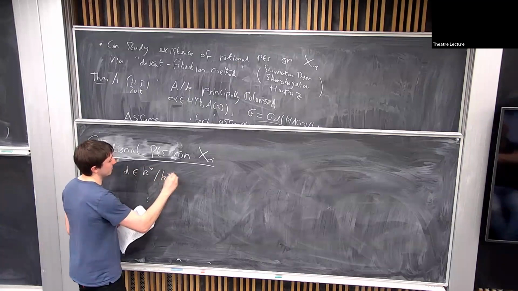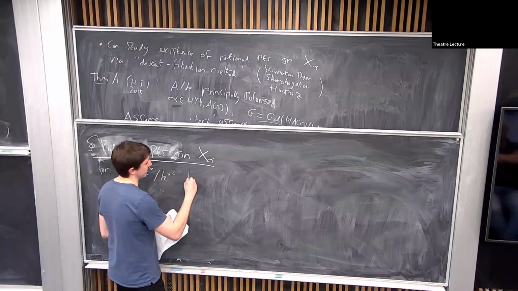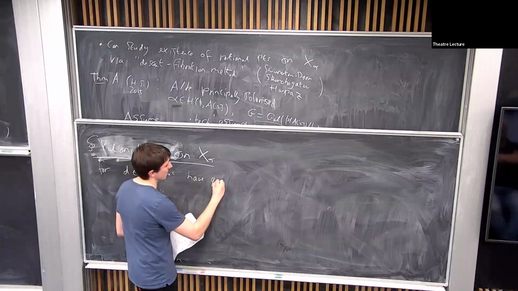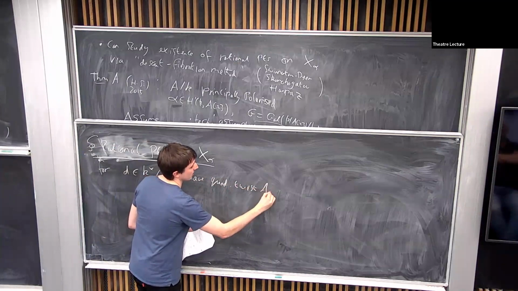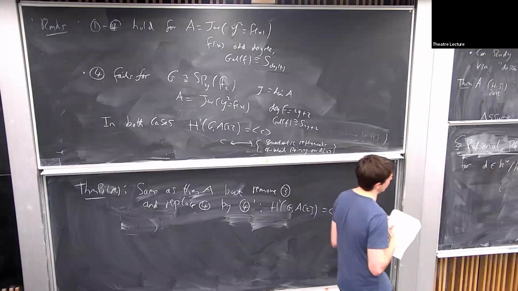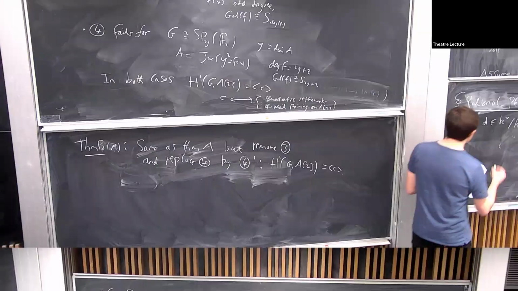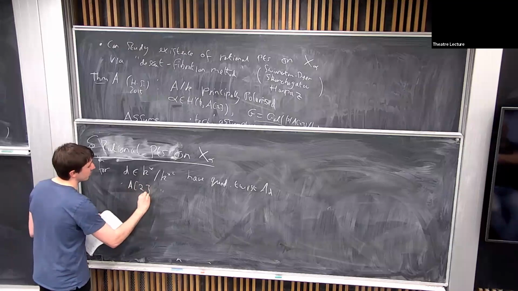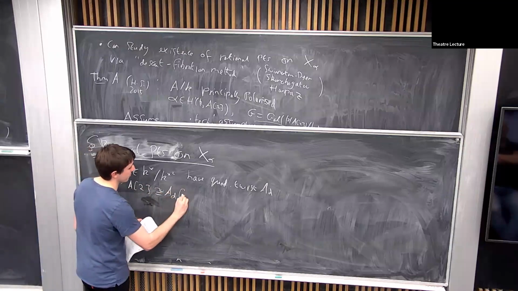So if you take some d in K cross modulo squares associated to this, you have the quadratic twist, A_d. This is typically a new abelian variety defined over K again, but the property that it has is that at least the two-torsion is isomorphic to the two-torsion that we started with, either as a group scheme or as a Galois module.